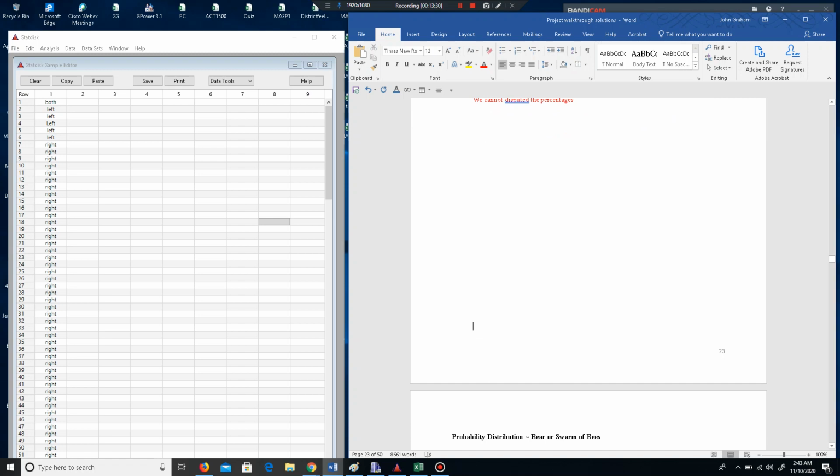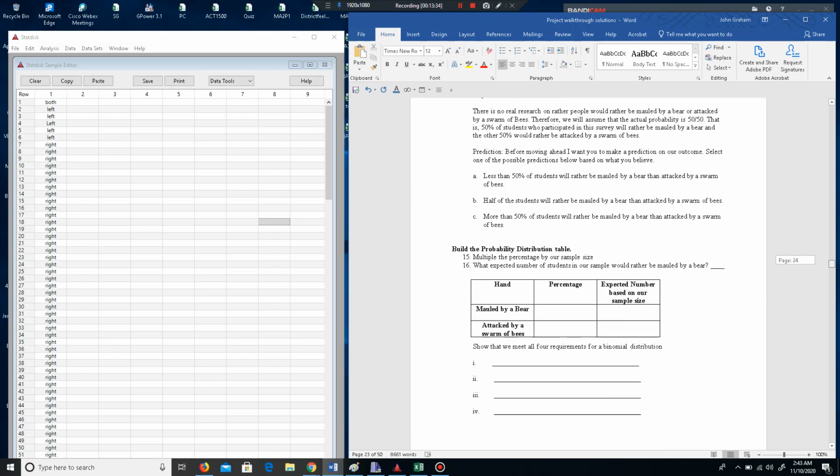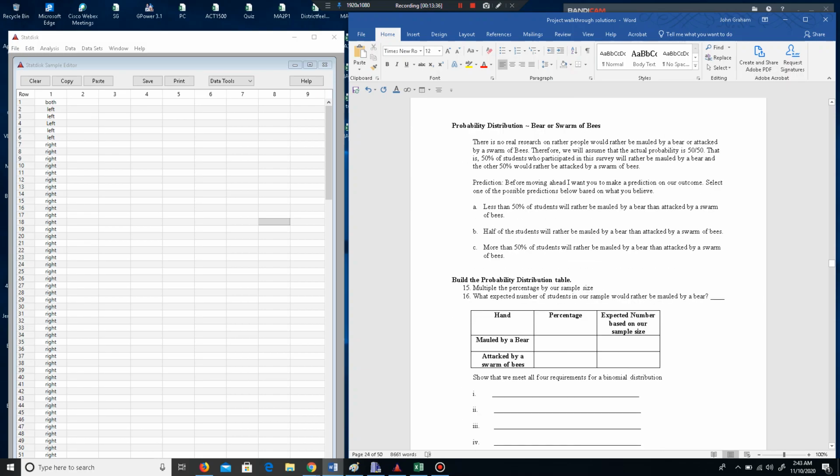Alright, so the next thing is going to be bear versus a swarm of bees. Same idea with this. Percentage though, we'll come up with a theoretical percentage. So we're going to do 0.5 for both. We still have 59 students in our sample size.